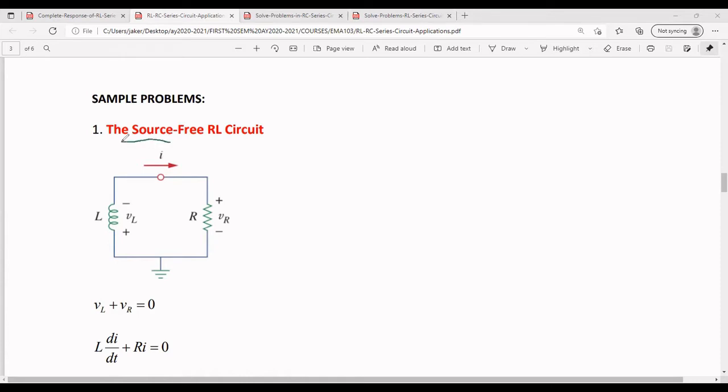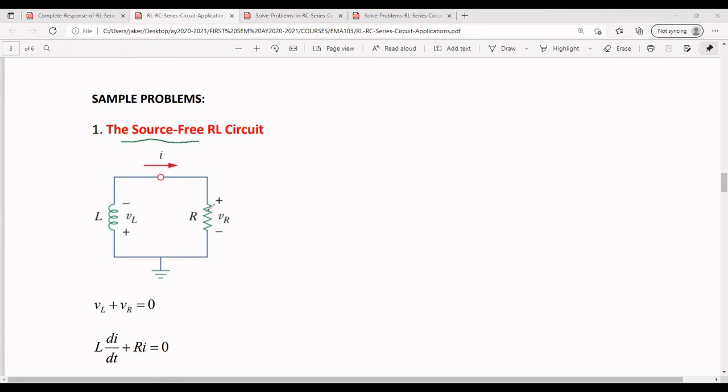What's your understanding of that? Okay, somebody wrote in the chat, no power source. Correct. Thank you for that. So no voltage source, no power source. Correct.